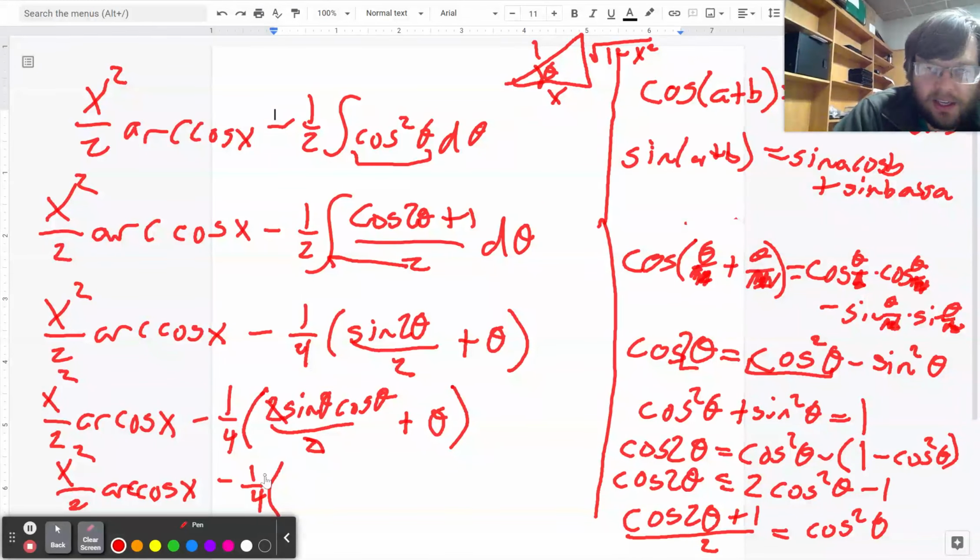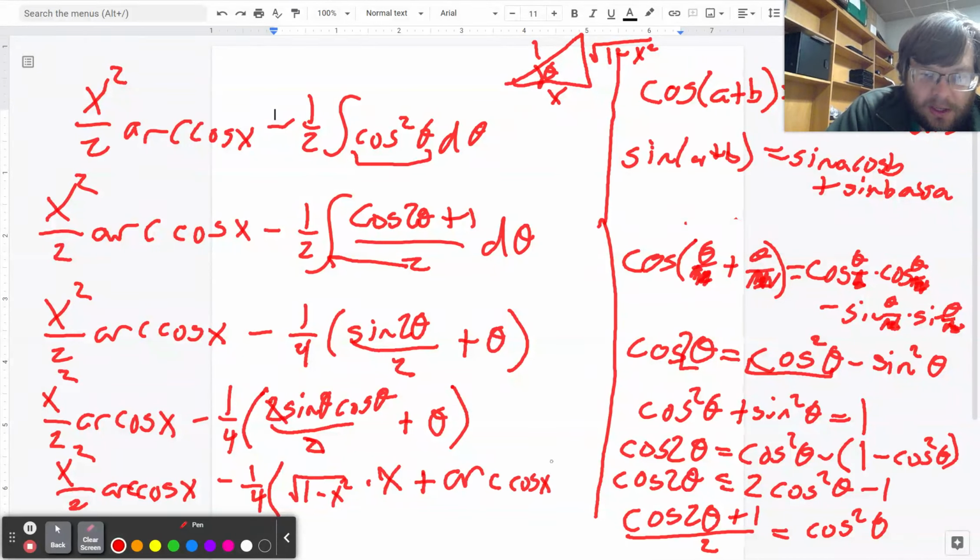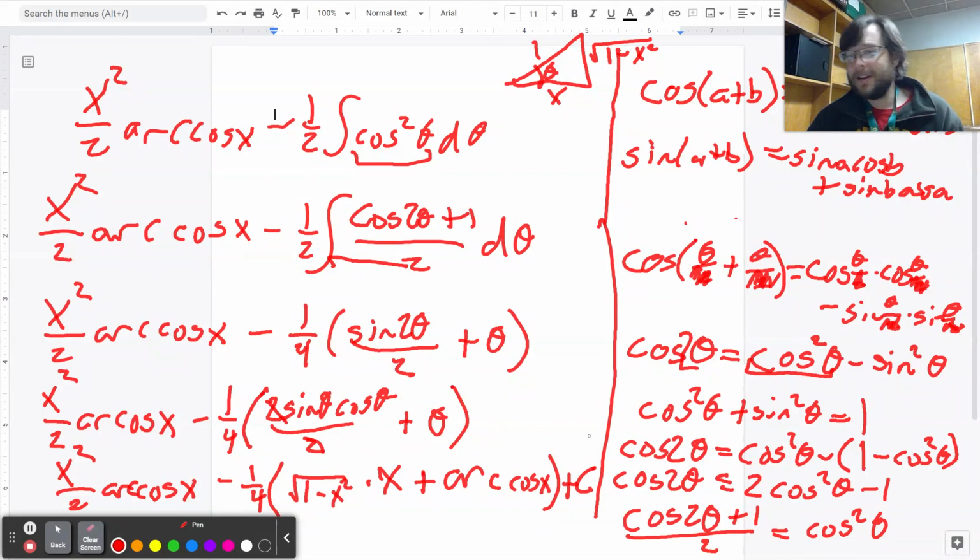Sine of theta is opposite over hypotenuse from our triangle, square root of 1 minus x squared. Cosine theta is just x. Theta is just arc cosine of x. And then, of course, at the end of it all, you pull your head above water and you put a plus c on the end.